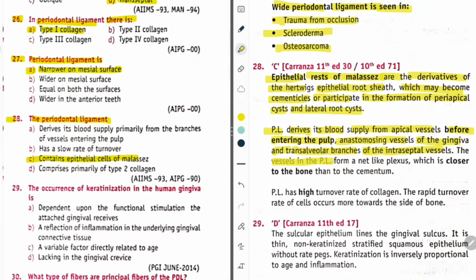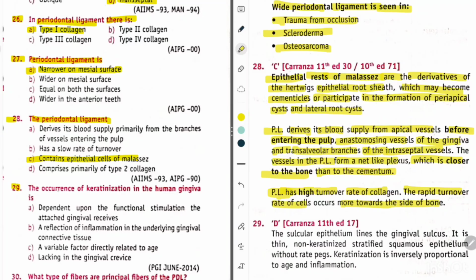The vessels in the periodontal ligament form a net-like plexus which is closer to the bone than to the cementum. Periodontal ligament has high turnover rate of collagen. The rapid turnover rate of cells occurs more towards the side of bone.